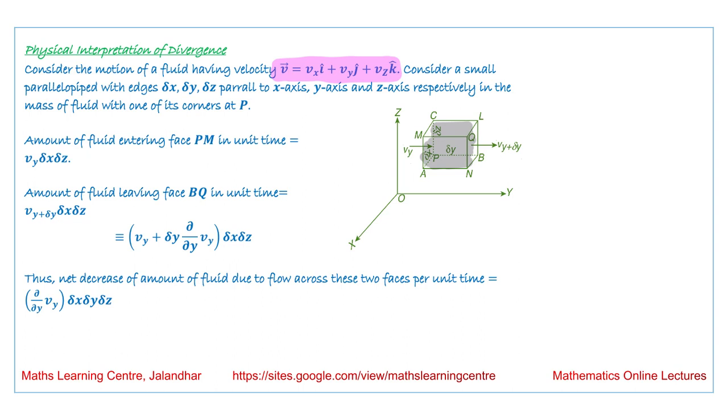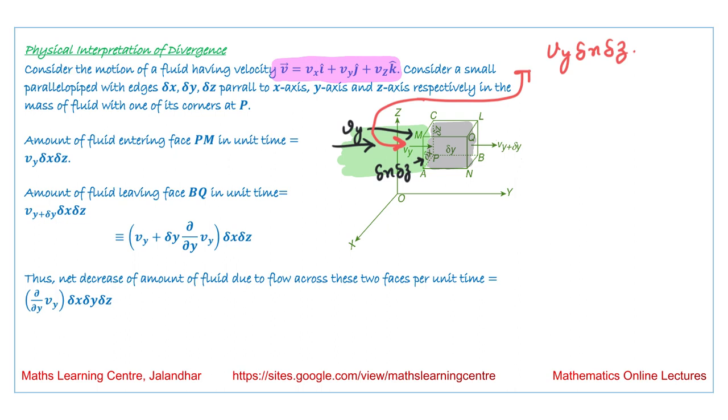In the direction of the y axis, the fluid moving towards the y axis has the velocity vy on this face, and the area of this face is delta x into delta z. So, the amount of fluid entering the parallelopiped is vy delta x delta z.